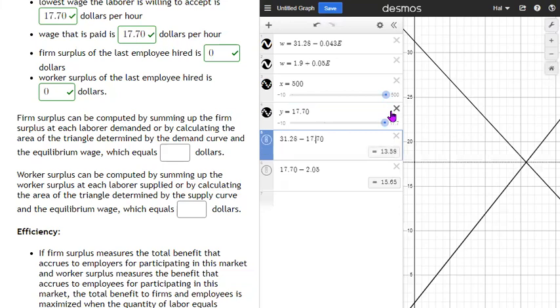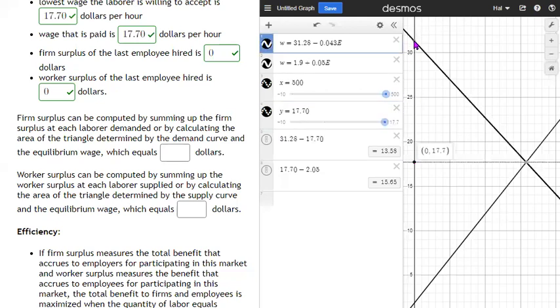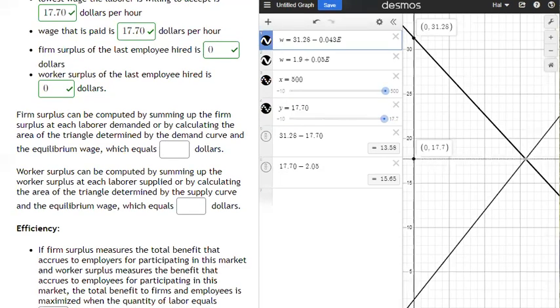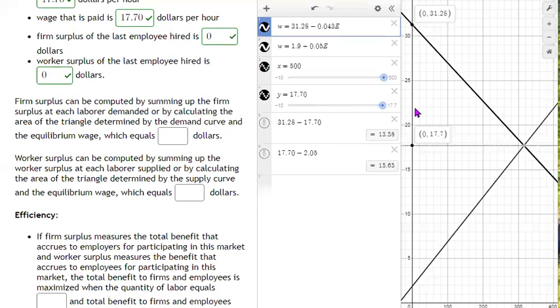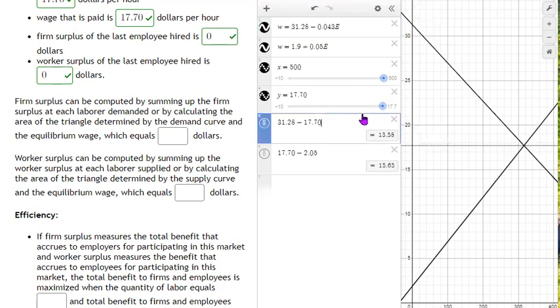We're going to subtract off the equilibrium wage, so the height of this point is 31.28 down to 0, but we want the height from 17.7. So we have to subtract 17.7 from 31.28. This is the height of that triangle.